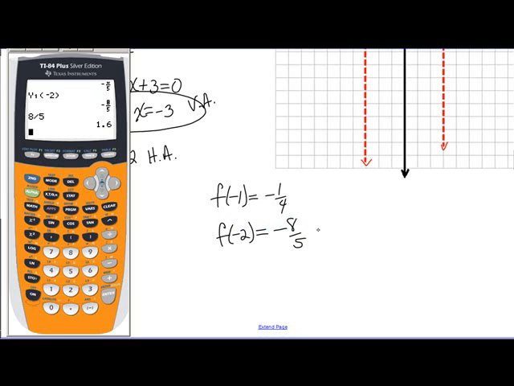It's probably helpful to look at that in decimal form to know where that point should be. If we find y1 of positive 2, we've got the same y value. So f of 2 is equal to negative 1.6. f of 1 is negative 1/4.